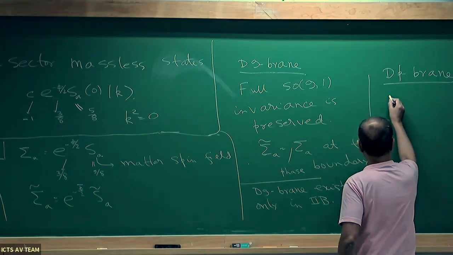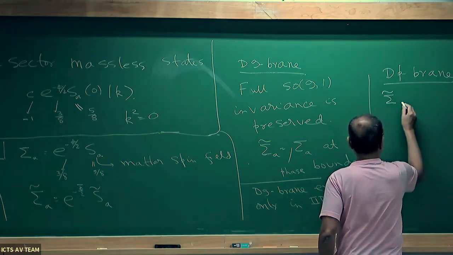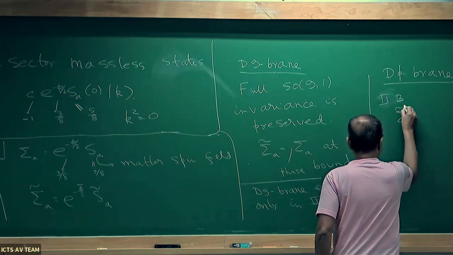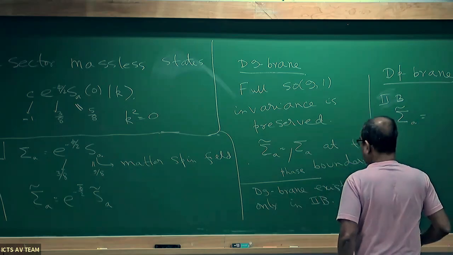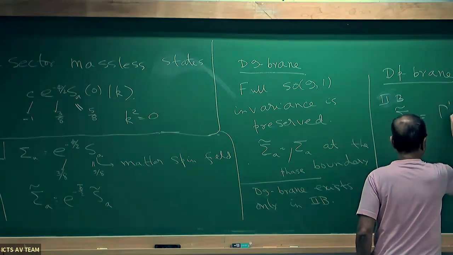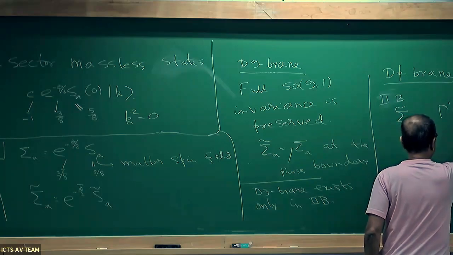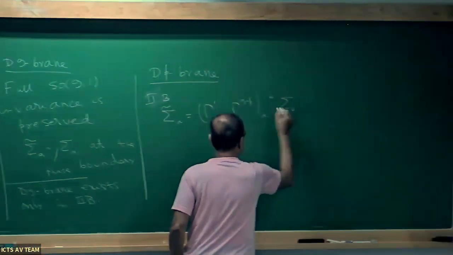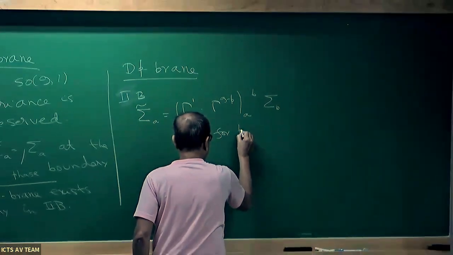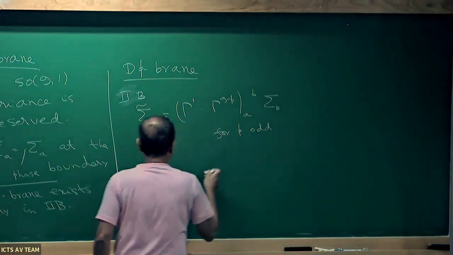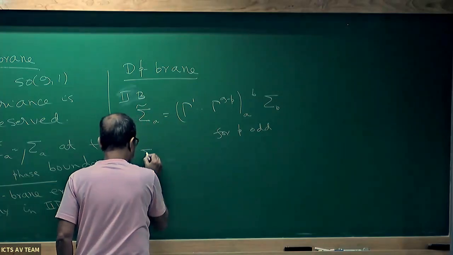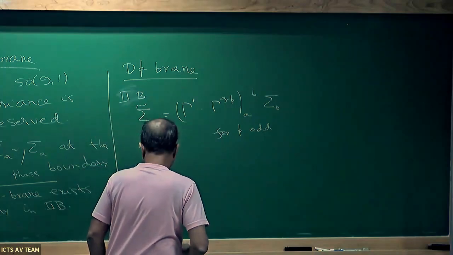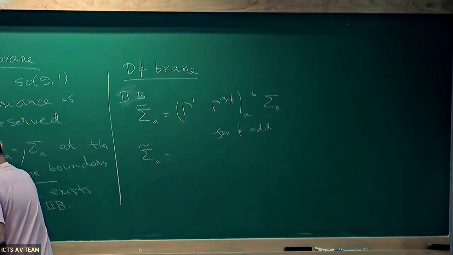So on the DP brane, what will happen, again in 2B, is that sigma tilde A will be given by gamma 1 to gamma 9 minus P, AB, sigma B, for P odd, and we have sigma tilde A dot similarly for 2A.